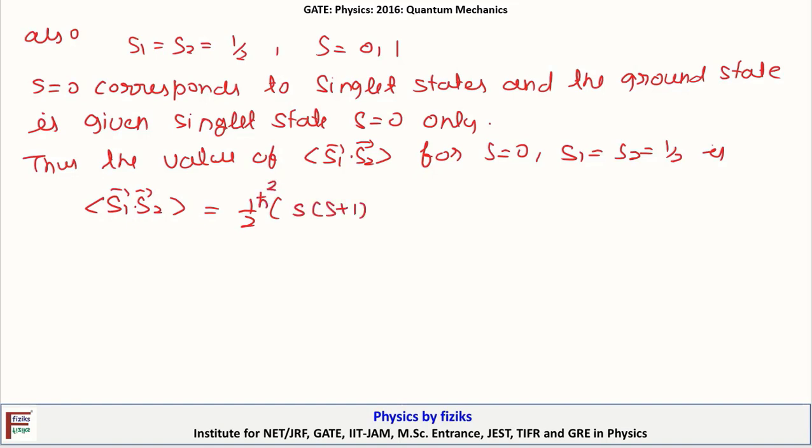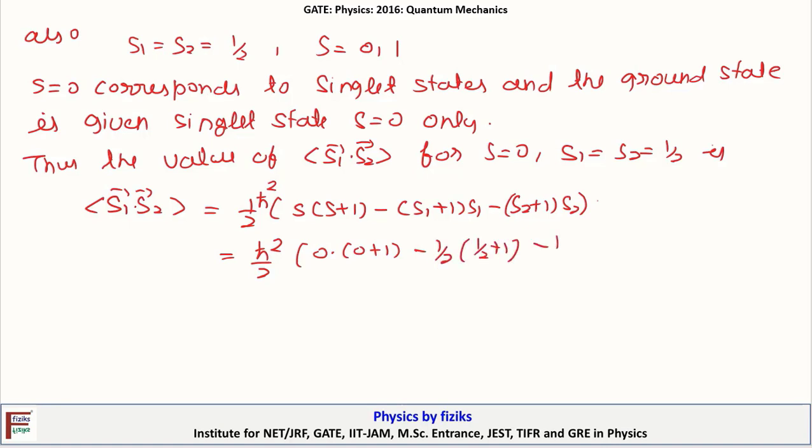Taking H square out, this can be written as H square by 2 into 0 into 0 plus 1, minus 1 by 2 into 1 by 2 plus 1, minus 1 by 2 into 1 by 2 plus 1.